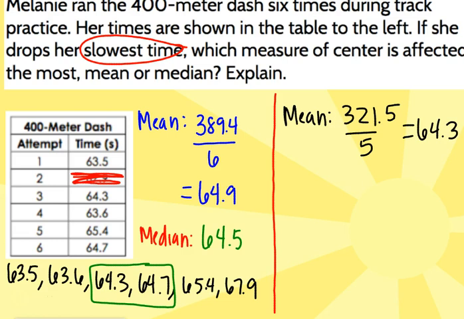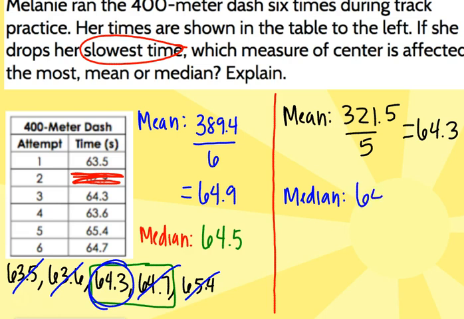Now let's figure out what her new median would be. We eliminate this number right here and go through and cross off. This one crosses this one. That's her new median, 64.3. So if I look at our two little sets of values here, which one's affected the most?